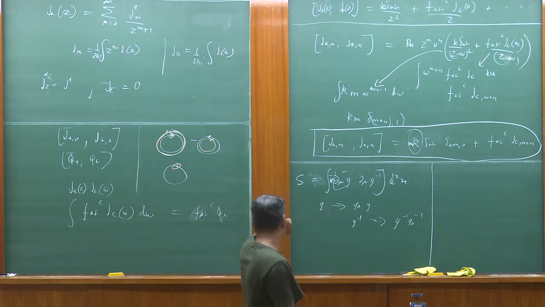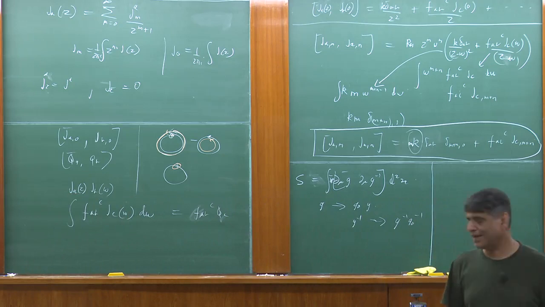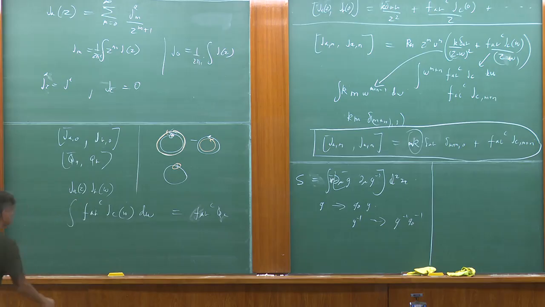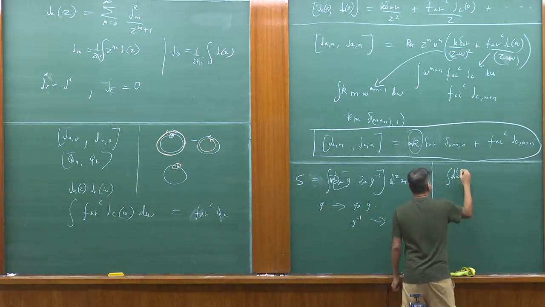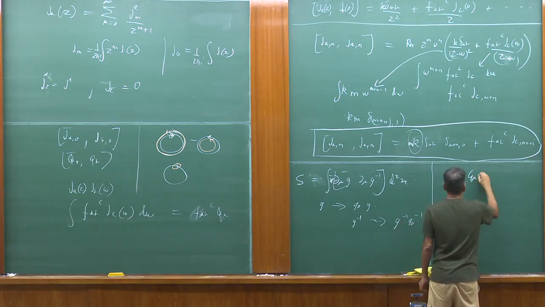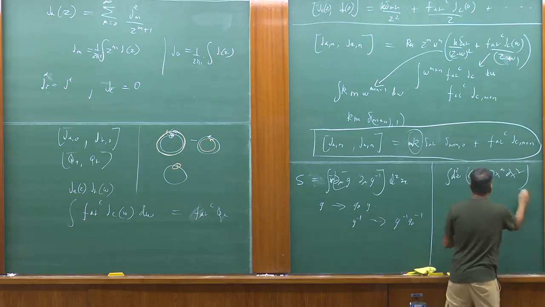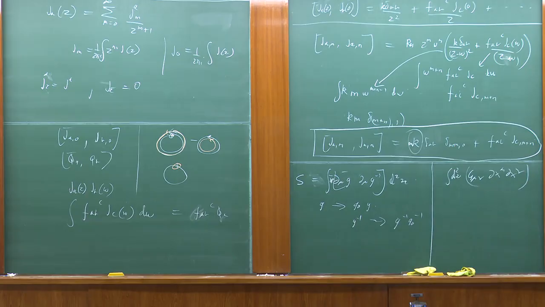This action is a sophisticated way of writing down the following Lagrangian, where x mu and x nu are any 3 coordinates of the 3-sphere, and G is the metric of the 3-sphere.